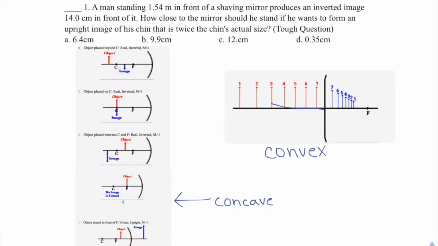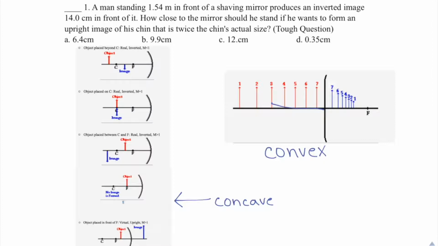So conceptually, what we need to understand is that this is a possible scenario if we were using a concave mirror, right? Because a concave mirror gives us the ability to produce virtual and real images, inverted and upright images, and images with magnifications less than 1 and greater than 1, whereas a convex mirror, or diverging mirror, is only going to be able to produce virtual, upright, and reduced images.